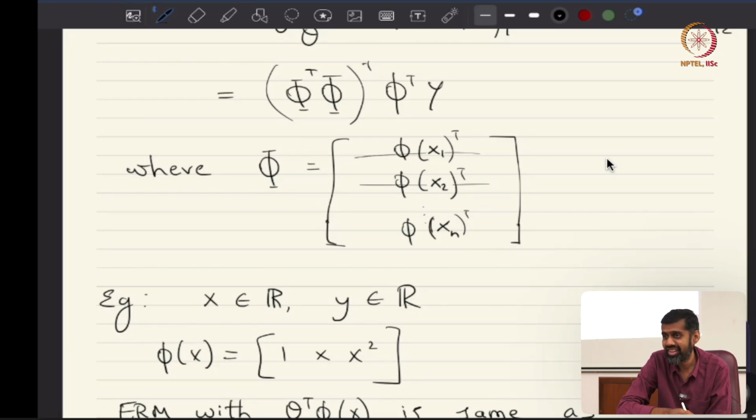The question is, are there guidelines to design this transformation? People like Fourier, that was their life contribution. They found that if your input function is periodic, then you can use exponents, sines and cosines to represent it so that the error is minimized.